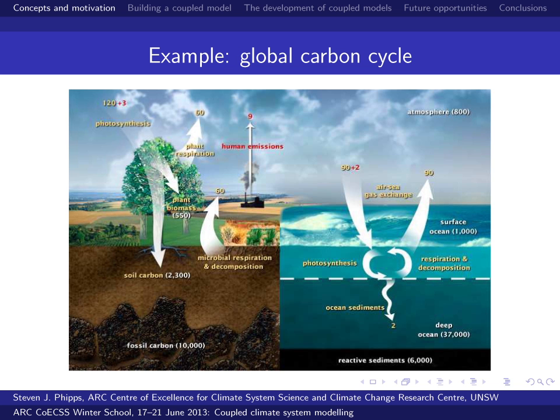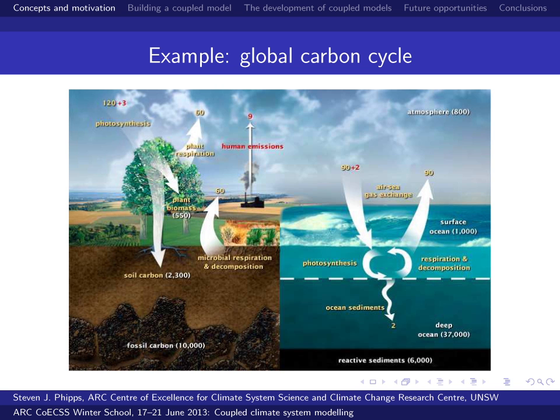The global carbon cycle, of course, is very important in terms of being able to model future evolution of greenhouse gases within the atmosphere. And the global carbon cycle is in fact an extremely coupled phenomenon, as it involves not just components of the human system, because of course human emissions are part of the equation these days, but also the atmosphere, the biosphere, the land surface, the ocean, and in fact biogeochemical cycles within the ocean.